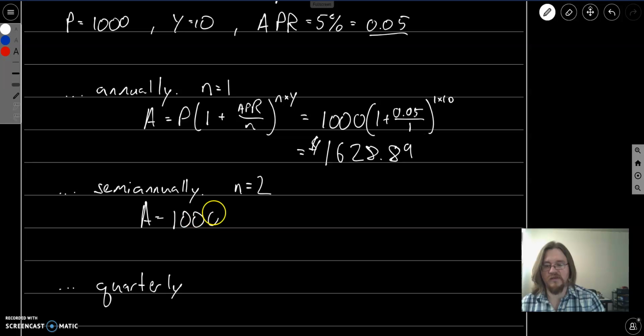It's going to be $1,000 initially times 1 plus our percentage rate, written as a number, divided by n, which here is going to be 2, and we're going to raise this to the 2 times 10th power.